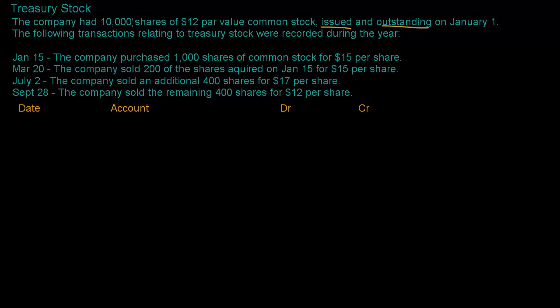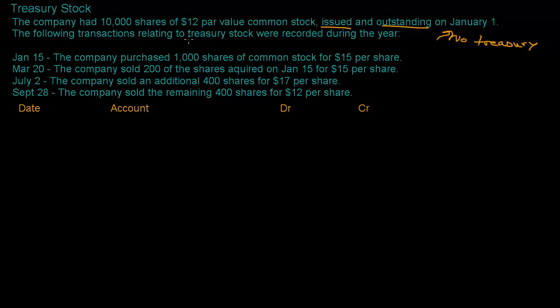So if there are 10,000 shares issued and outstanding, that tells us that on January 1st, there is no treasury stock. Okay, so on January 1st, no treasury. So now we know that we're starting with no treasury stock on hand. So when we look at the following transactions, we're starting from a clean slate.